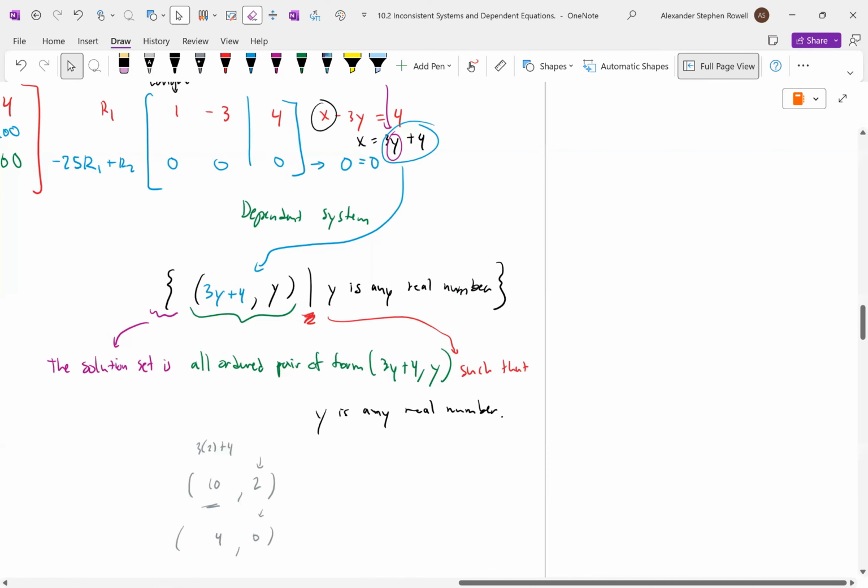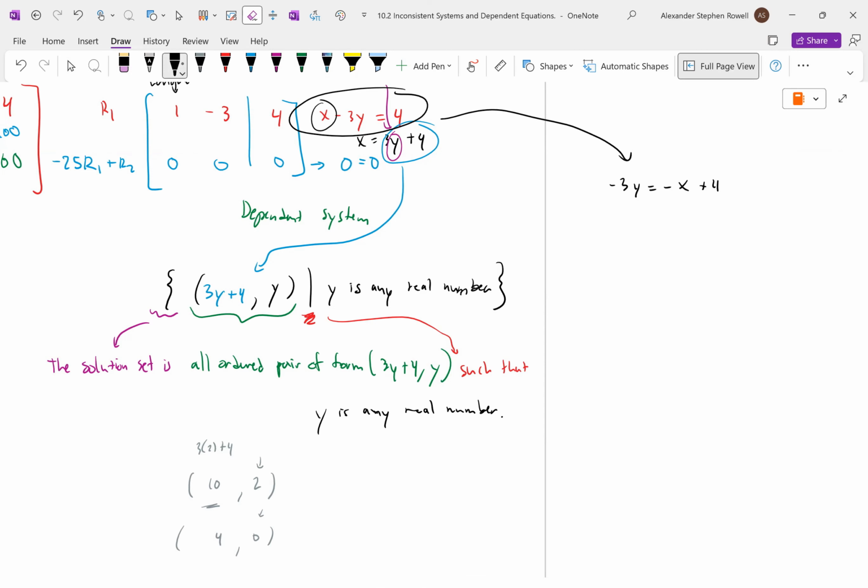There is more than one way to write this. I could have solved for y instead of x. So if I solve for y instead of x, I would have negative 3y is equal to negative x plus 4. Divide by negative 3 to get y is equal to negative x plus 4 over negative 3. We can write as x minus 4 over positive 3.